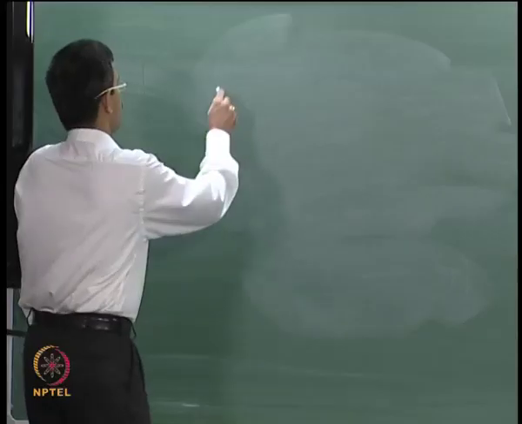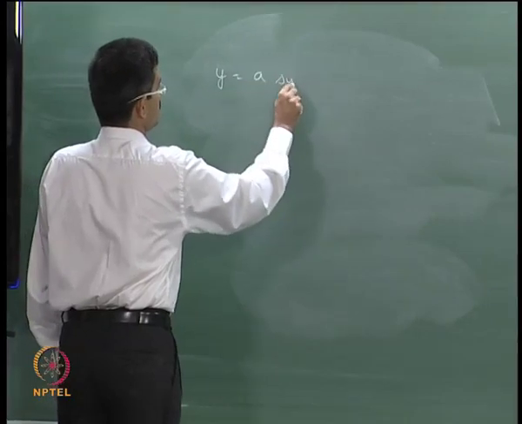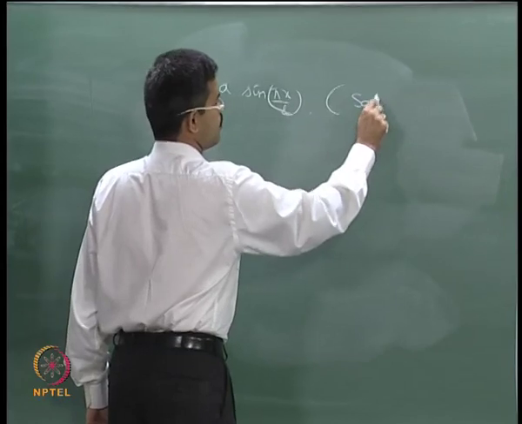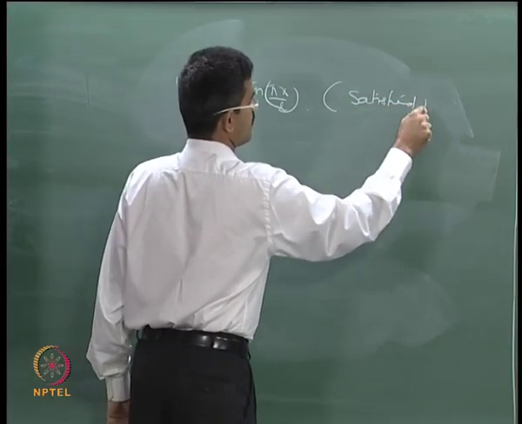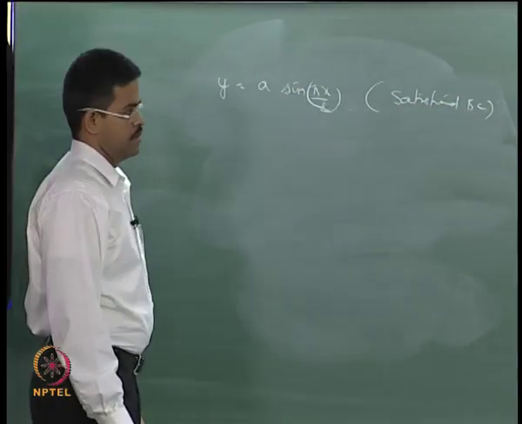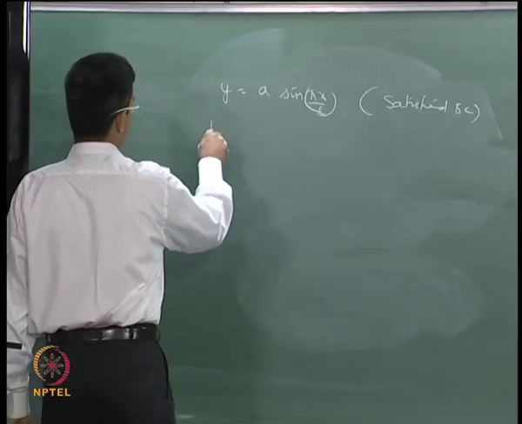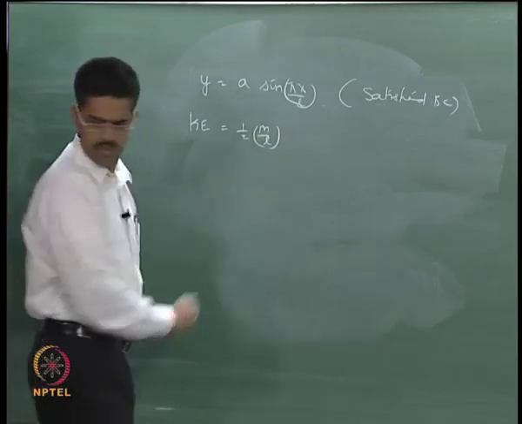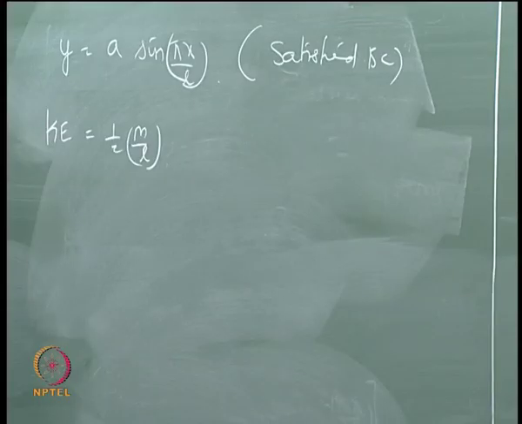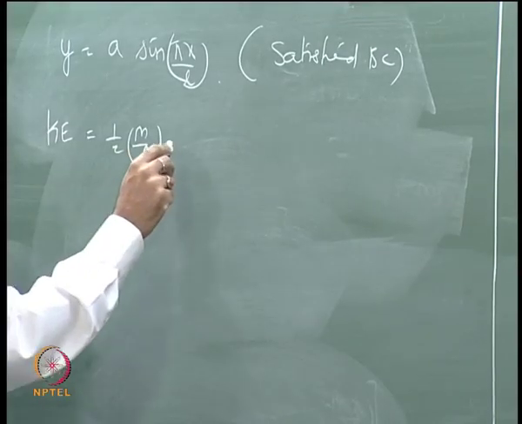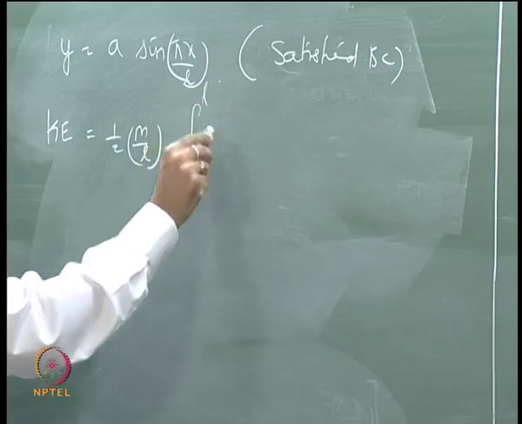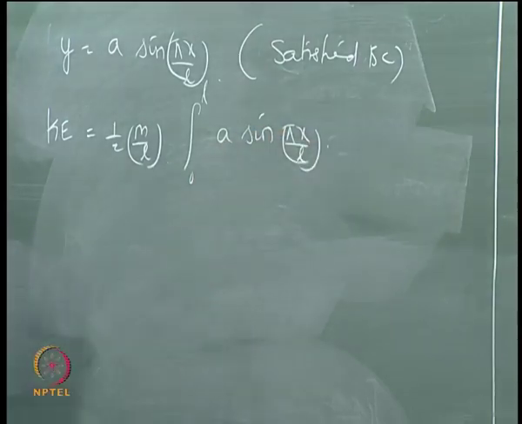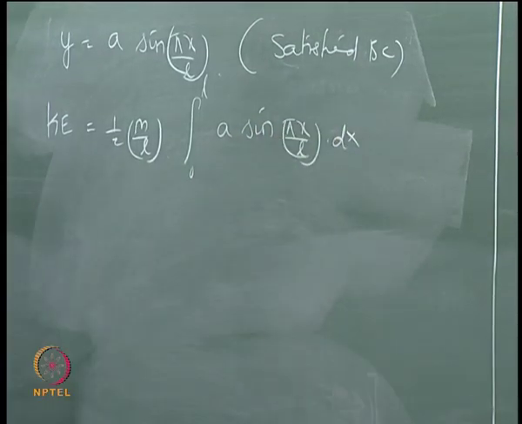We already know y is A sin pi x by L, which has satisfied the boundary condition. Therefore, my kinetic energy is going to be half m by L of integral zero to L of A sin pi x by L of dx.